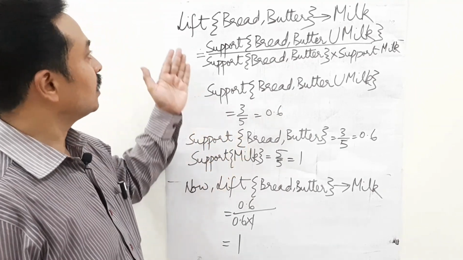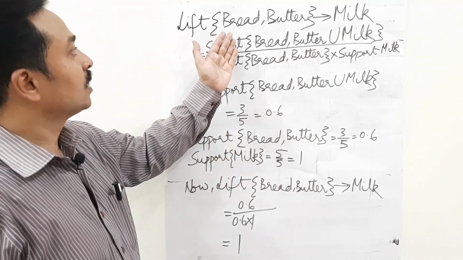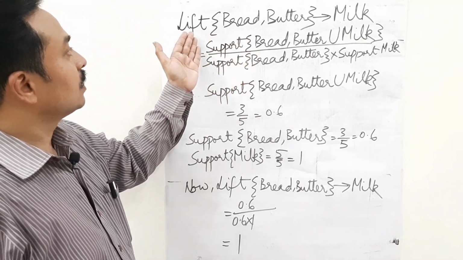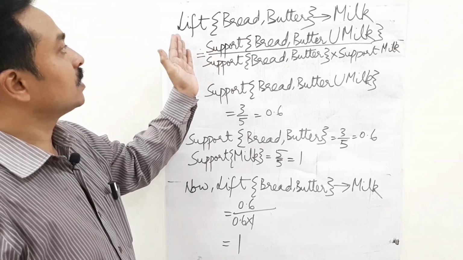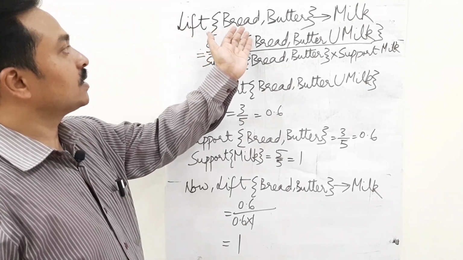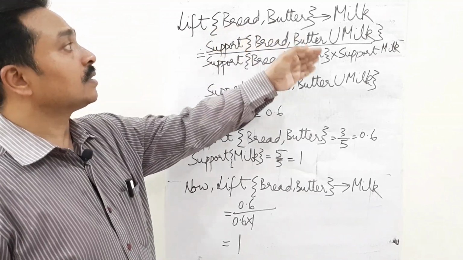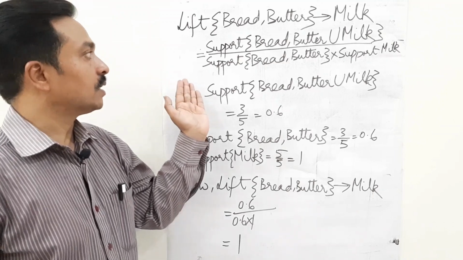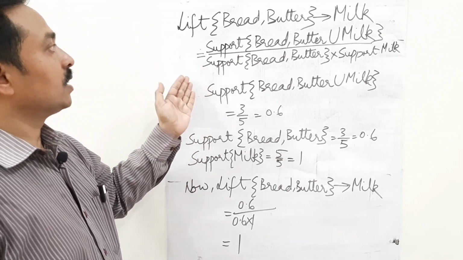Let us now understand how lift is calculated in this example. Let us consider we are calculating lift. What is the lift for this example where a customer purchasing bread and butter would at the same time purchase milk also? This can be calculated with the help of the formula given here.